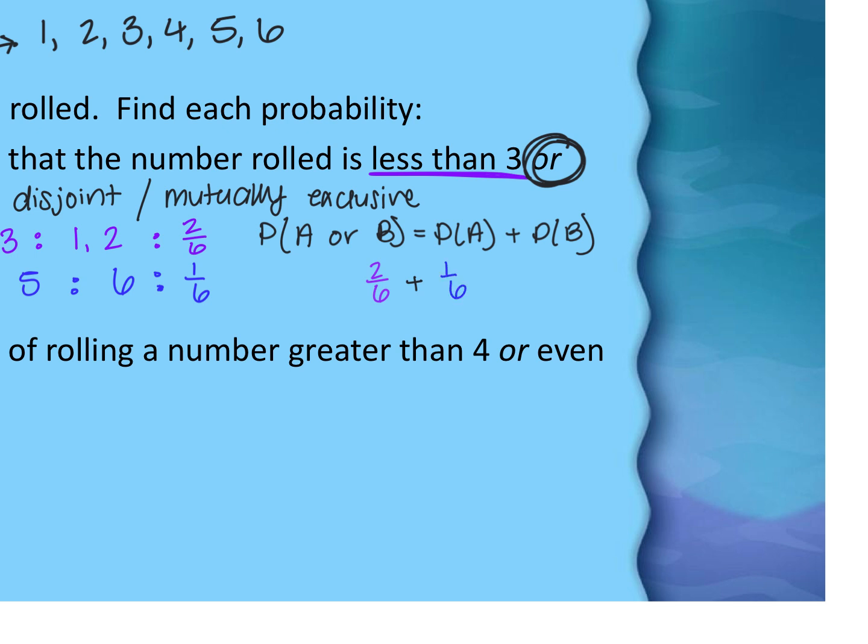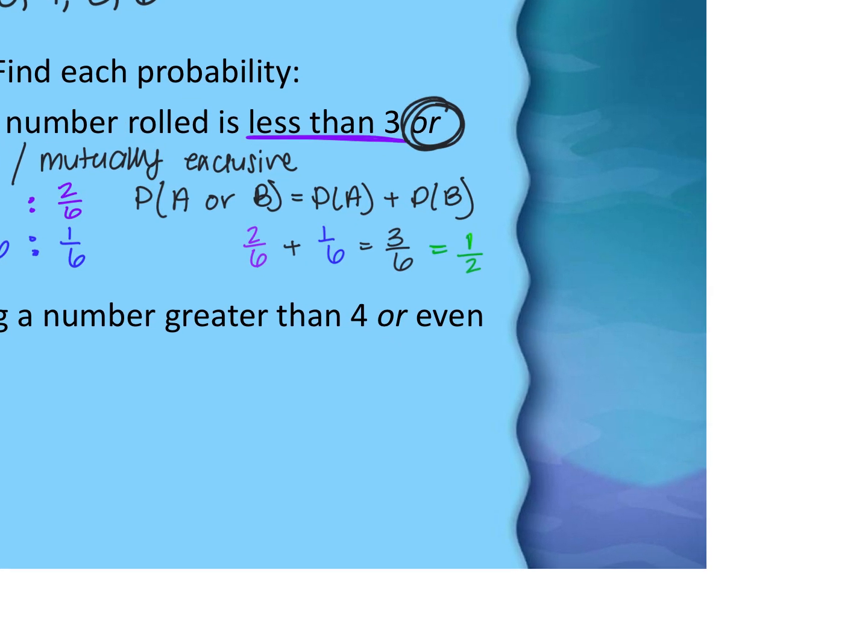And now all I have to do is add them. Adding them, I'm going to get 3 over 6. Now I can go ahead and simplify. Simplifying them, I'm going to end up with, let me get a darker color so you can see that, 1 over 2, which could also be written as 0.5, or 50.0%.